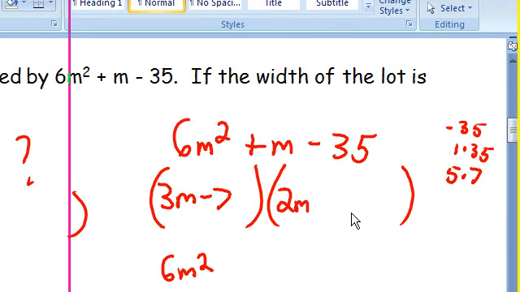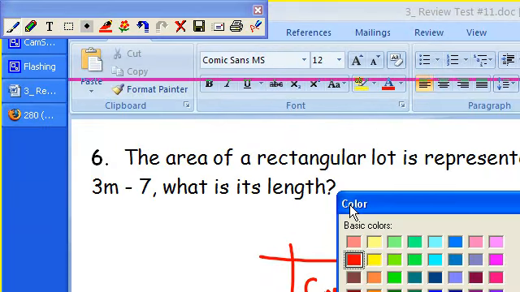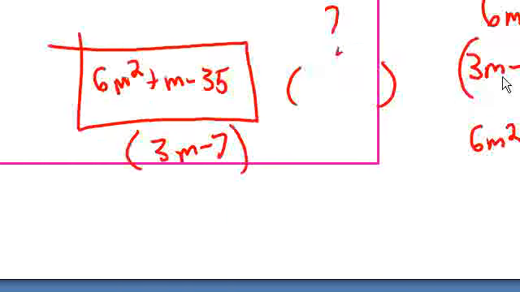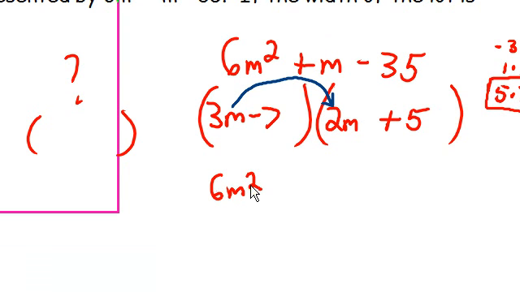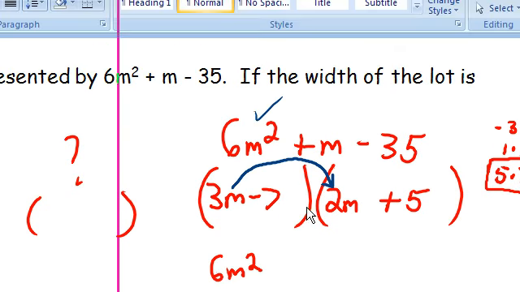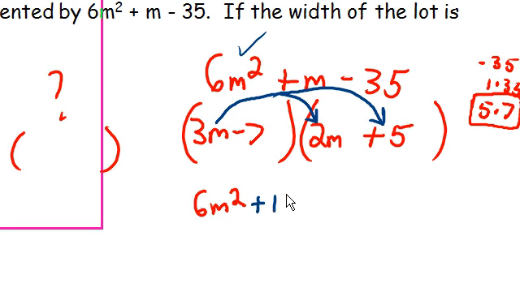Well, I'm guessing that we're going to need to use these factors right here. Well, our 7 is already there, so let's just write our plus 5 right here. And let's FOIL this and make sure that it works. So 3m times 2m is 6m squared. Okay, good. 3m times 5 is plus 15m.